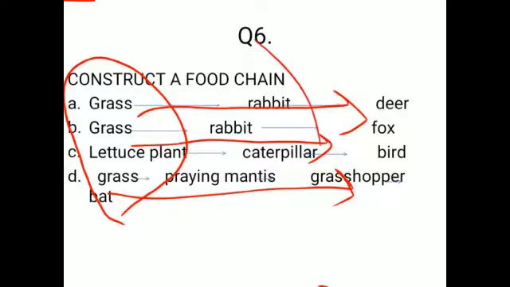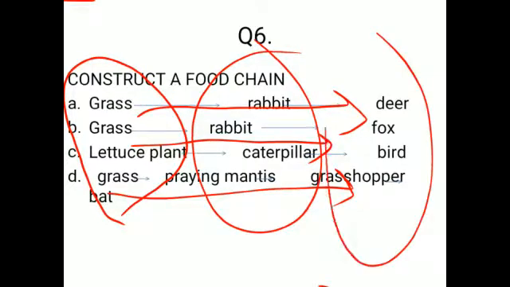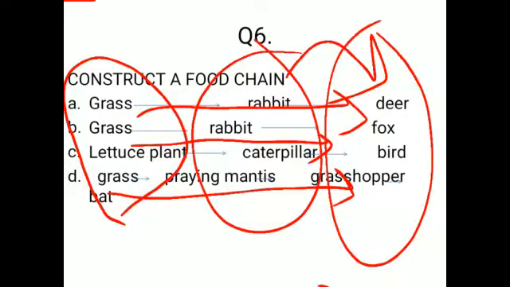Then comes the consumers. The primary consumers are those herbivorous animals which are feeding on plants. And the secondary consumers are those consumers which are carnivorous, because these animals are feeding on other animals.